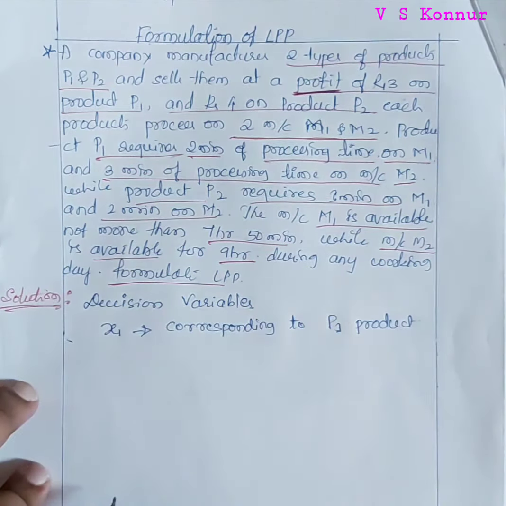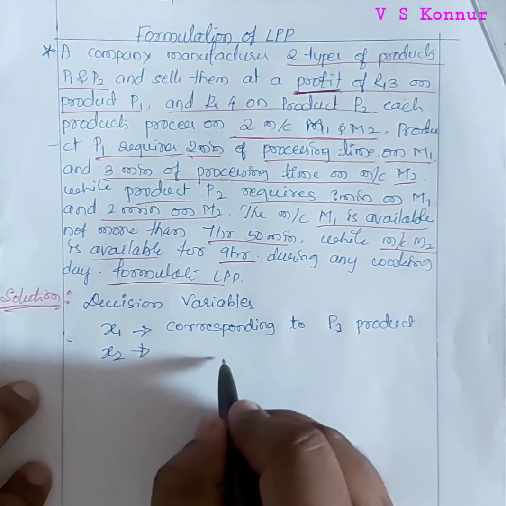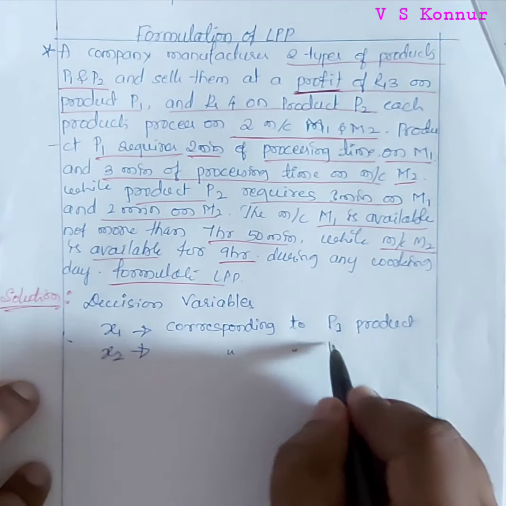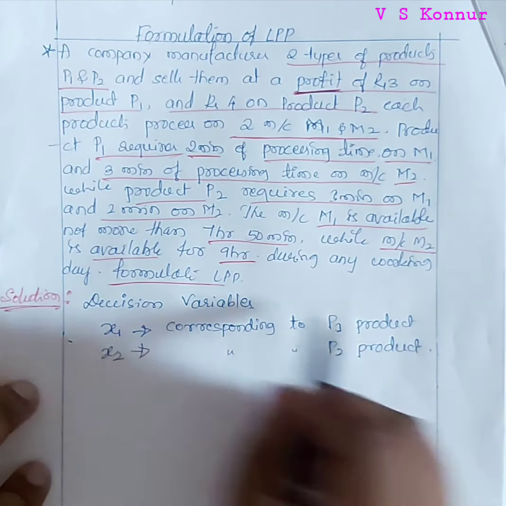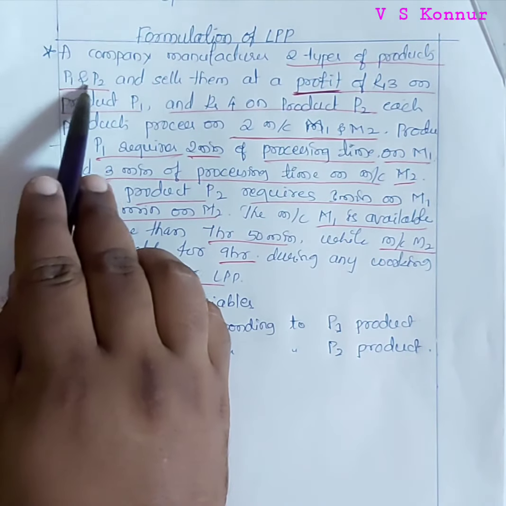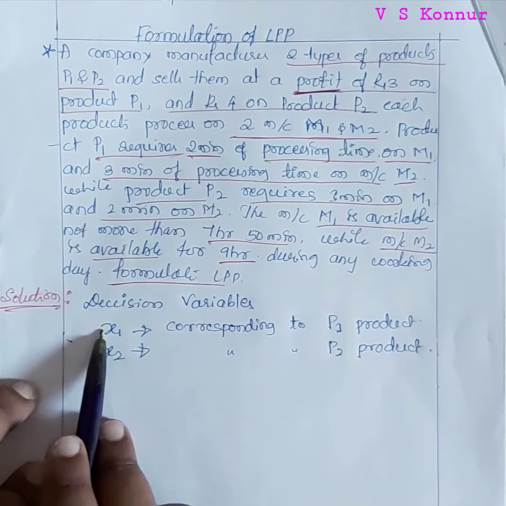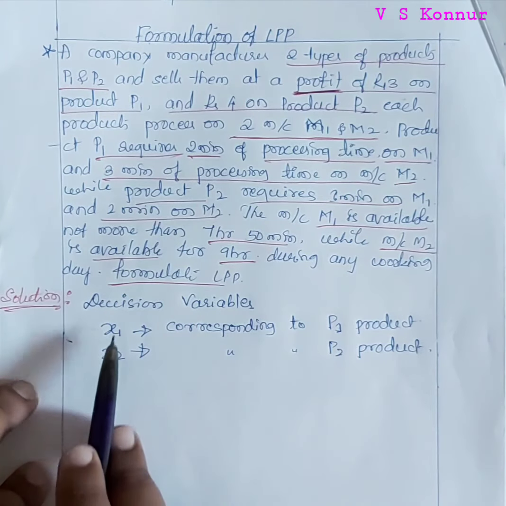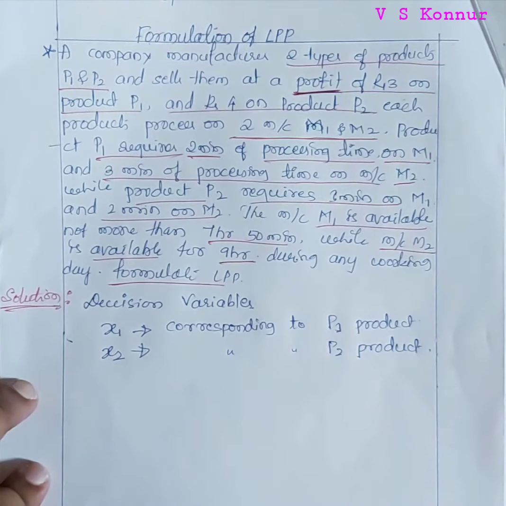That is the first variable we have defined. Then we have to define X2, the variable corresponding to the P2 product. So there are two products, P1 and P2, and for these two products we have defined two decision variables, X1 and X2 respectively.